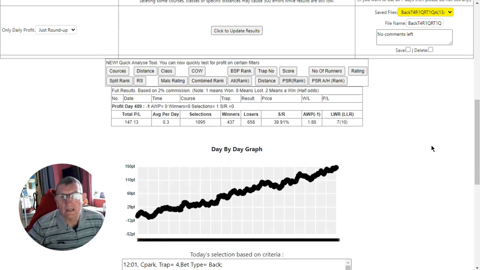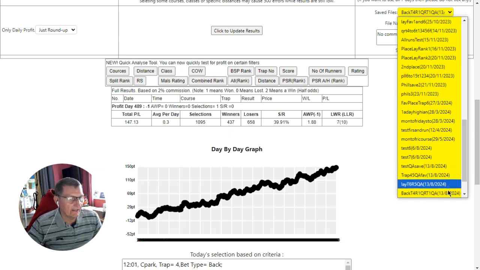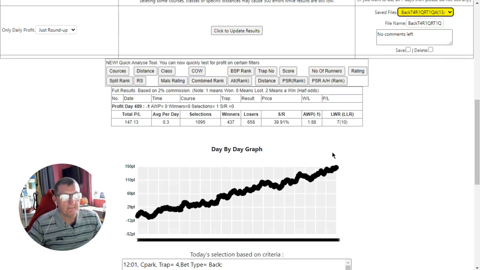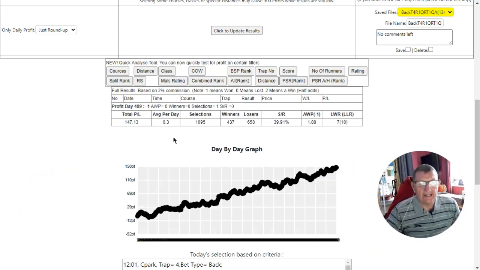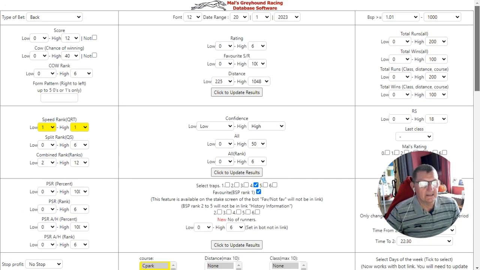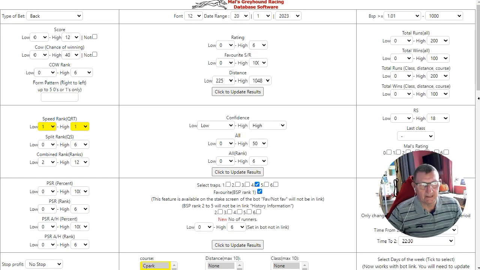Okay, so this was a system I came up with on the 13th of the 8th, 2024. And as you can see, it's made 147 points since 2023. That might not be totally right because I can't remember exactly when I put the speed rank QRTs in, but it has been probably over a year now.